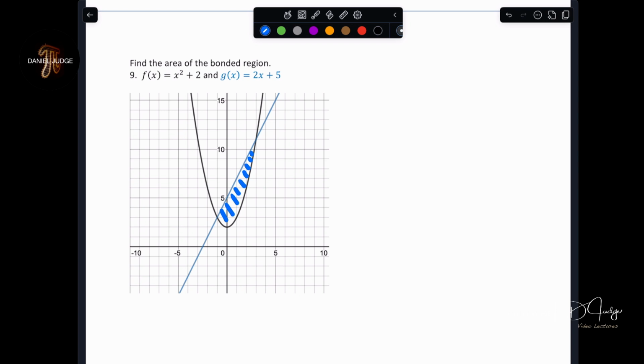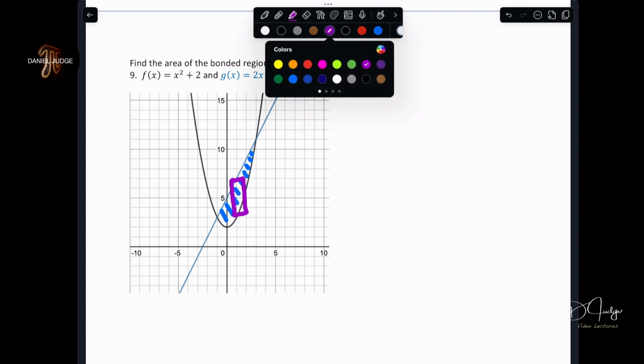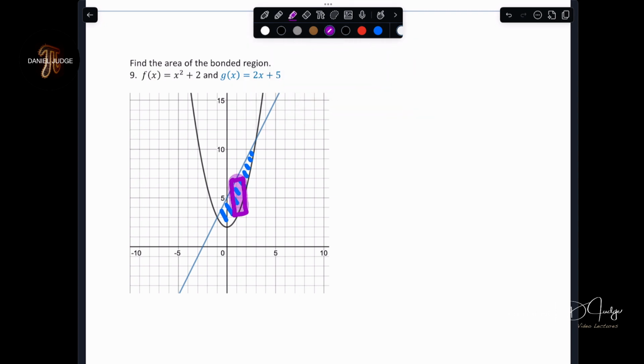So we need to identify, remember, the top curve and the bottom curve. So I'm drawing our approximating rectangle just to kind of remind people of where this comes from. So you got the curve on top and you got the curve on the bottom.